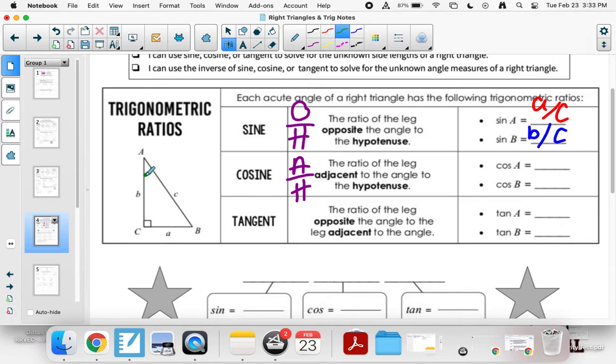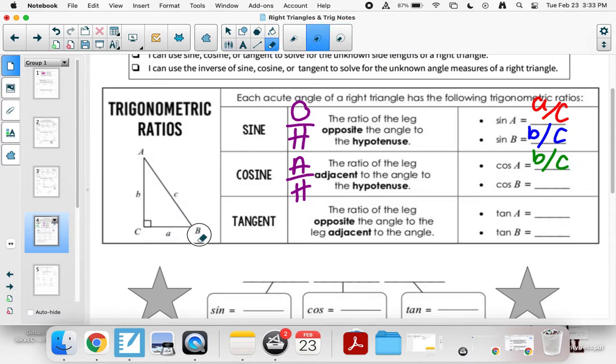Opposite was side A. Adjacent is the side that touches the angle and is not the hypotenuse, remember the hypotenuse is special. Adjacent to angle A is side B. Again, the hypotenuse across from the 90 is this side C. So the cosine is the fraction B over C.